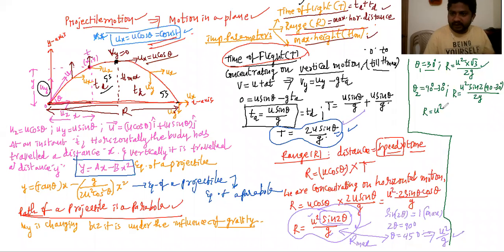Sine 2 into 90 minus 30 is sine (180 minus 60), and sine (180 minus 60) is sine 60.